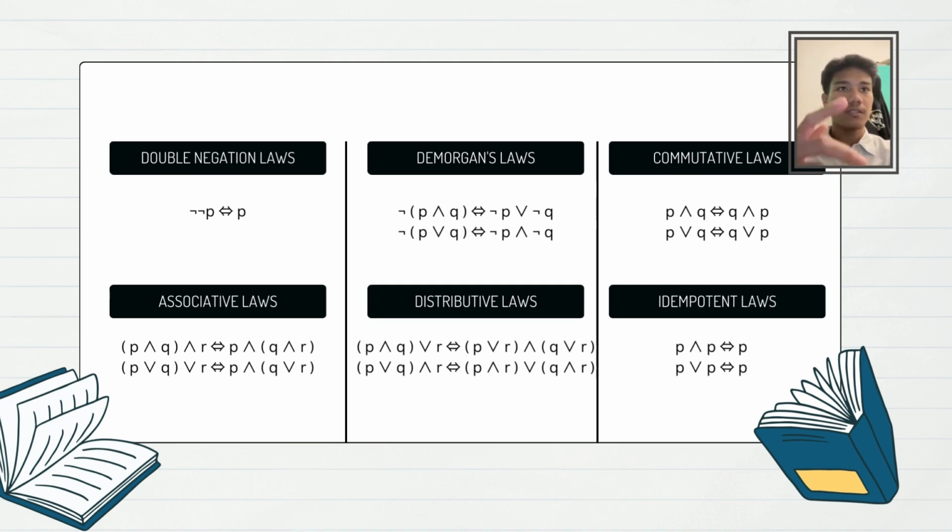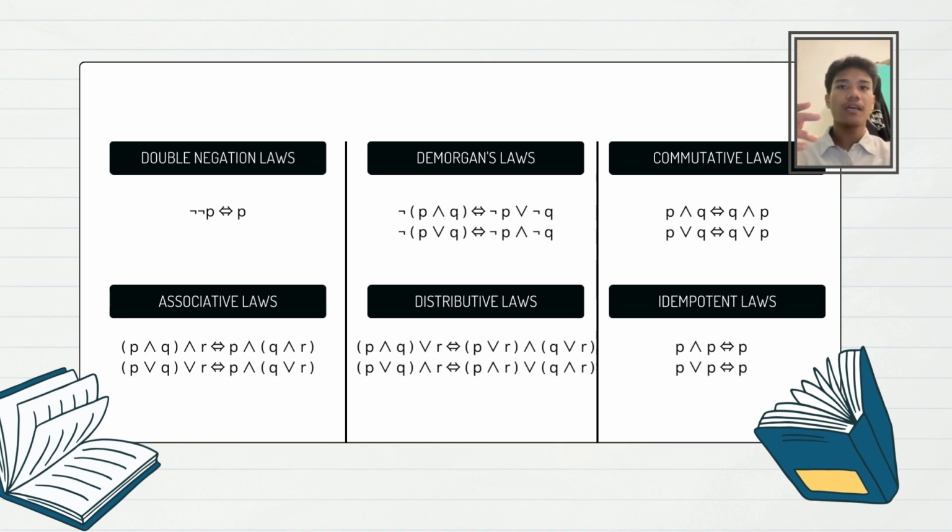Then we go to the commutative law. P and Q will be Q and P. P or Q will be Q or P. Then we go to the associative law.